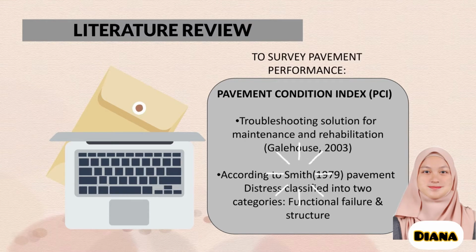According to Smith, pavement distress has been classified into two categories. The first one is functional failure, where the pavement does not function and causes discomfort to passengers or high stresses to vehicles. And the second one is known as structural failure.